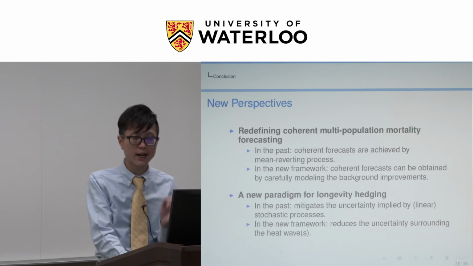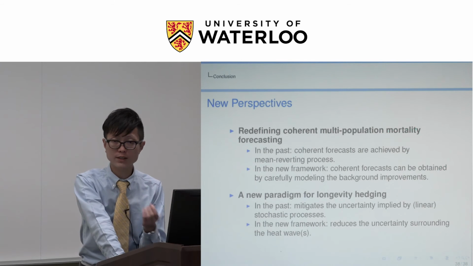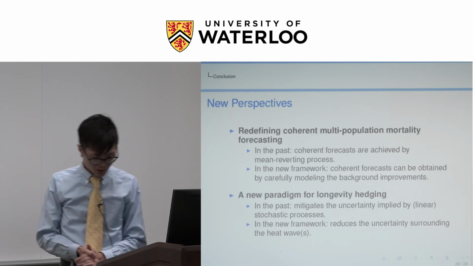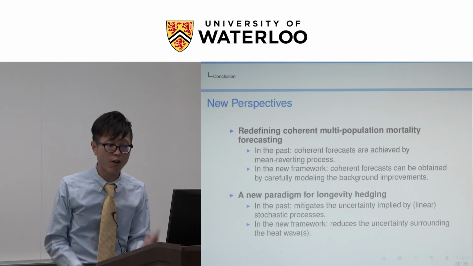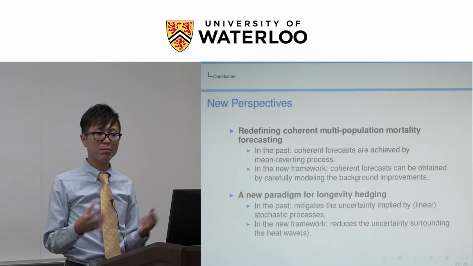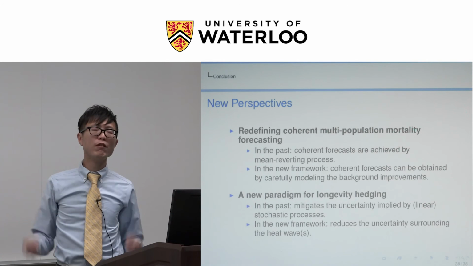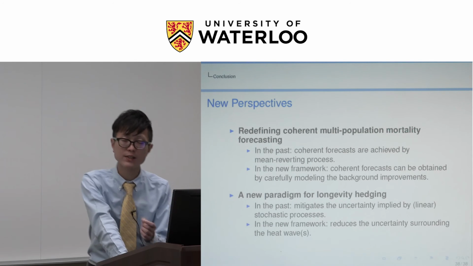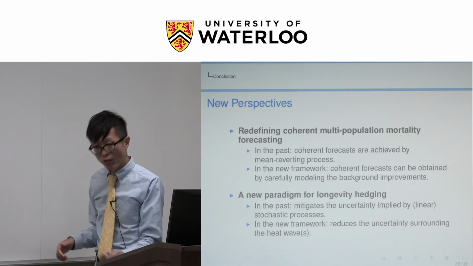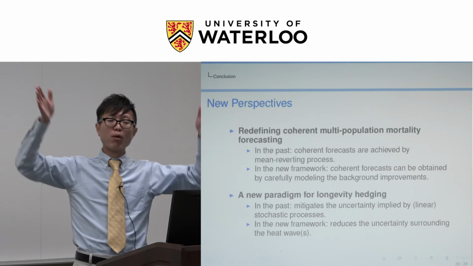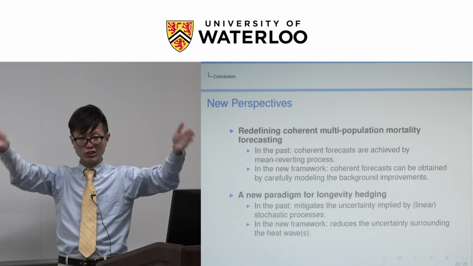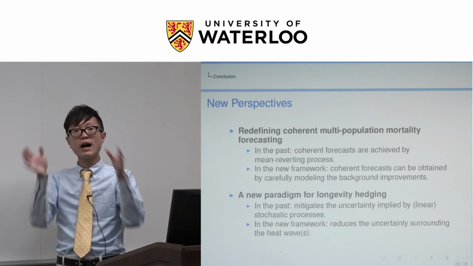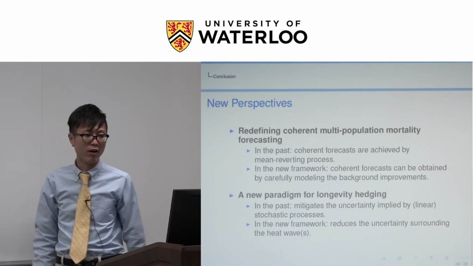I also wanted to note that the heat wave model offers some new perspectives to longevity risk modeling and management. First of all, it redefines coherent multi-population mortality forecasting. When forecasting mortality rates of related populations, coherence is very important. By a coherent forecast, we mean that the projected expected trajectories of mortality rates of different populations do not diverge indefinitely over the long run.